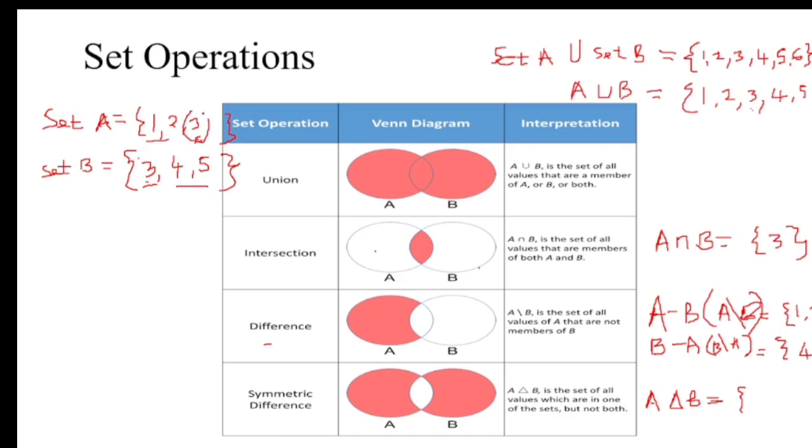So we will not have this 3 in our symmetric difference set operation. So we'll have 1, we go to 2, and then 4, and then we'll have 5. So that is for the symmetric difference set operation.